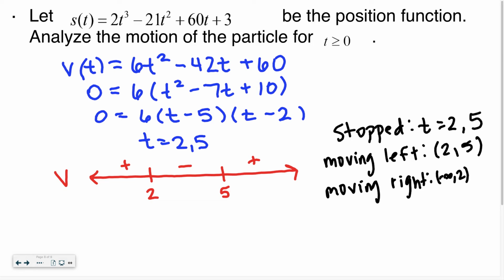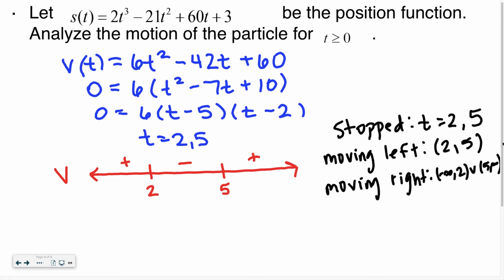So from negative infinity to 2 and 5 to infinity. Any questions about that? I mean, it's really just unit 2 or unit 3 stuff, but we're applying it to a motion scenario. So let's keep going here.